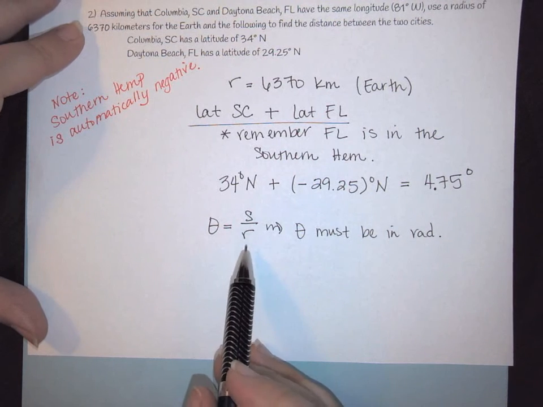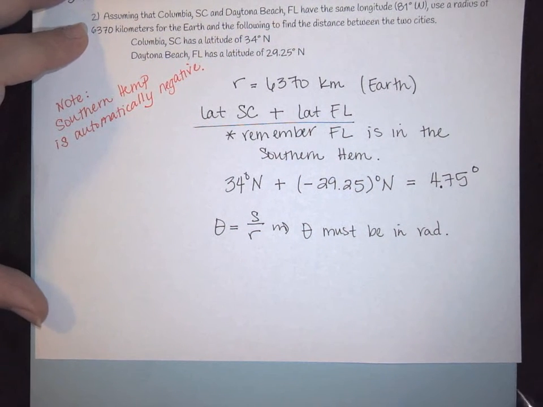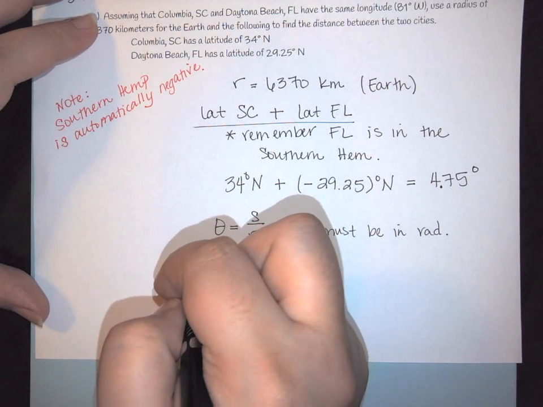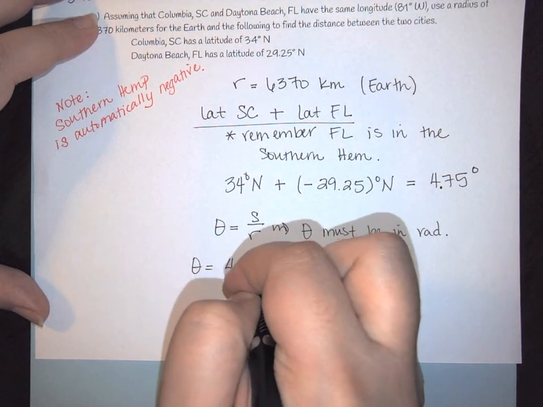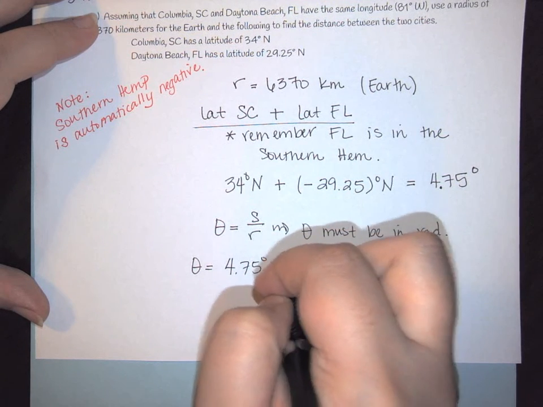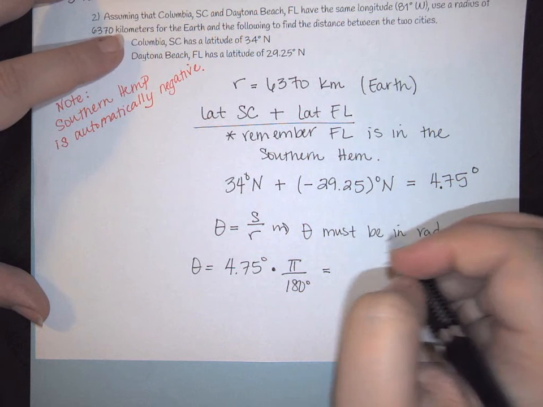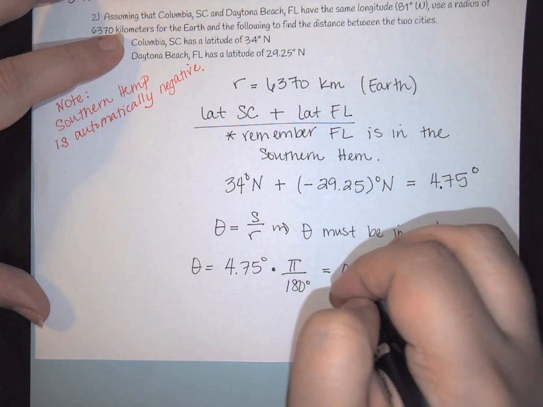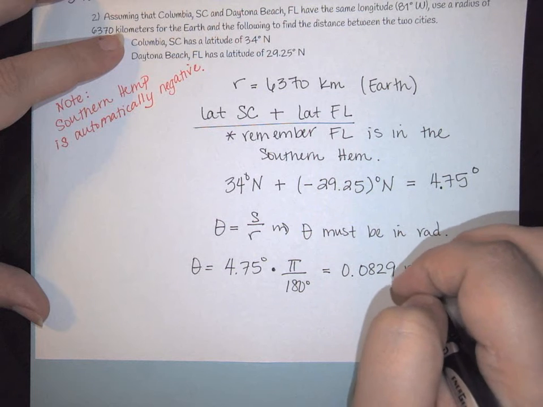So before we can do anything, we have to convert. So we need to change that theta: the 4.75 degrees times pi over 180 degrees is going to give me my radians. So I'm going to use 0.0829, and this is radians.